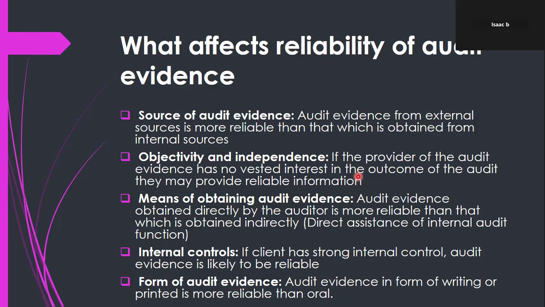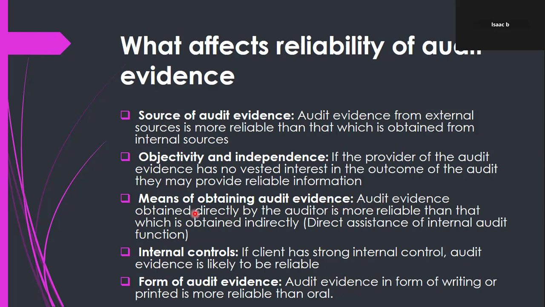And if management is also objective, honest in how they are carrying out the business, and they don't have any undue influence, it means the audit evidence we obtain from them is going to be reliable and won't have any sort of bias, because the people are objective as well as independent in the preparation of those financial statements.